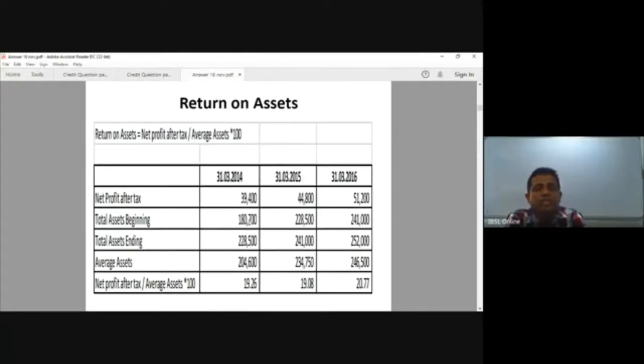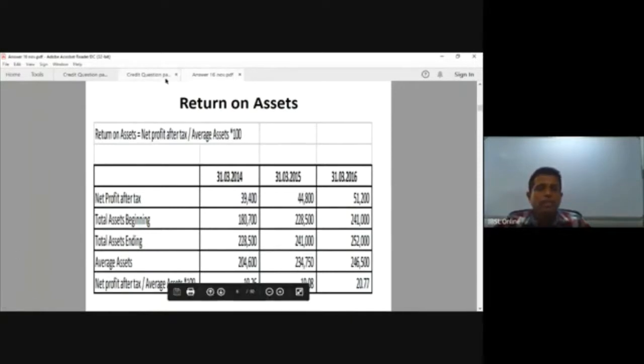Take the net profit after tax. That is 39,400, 44,800, 51,200. That is net profit after tax. Then take the total asset figures, total assets beginning, total assets ending. Directly go to the balance sheet.